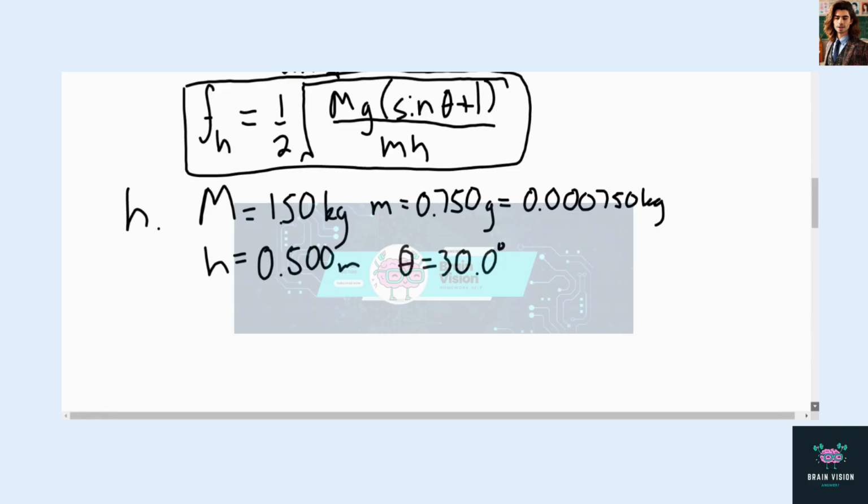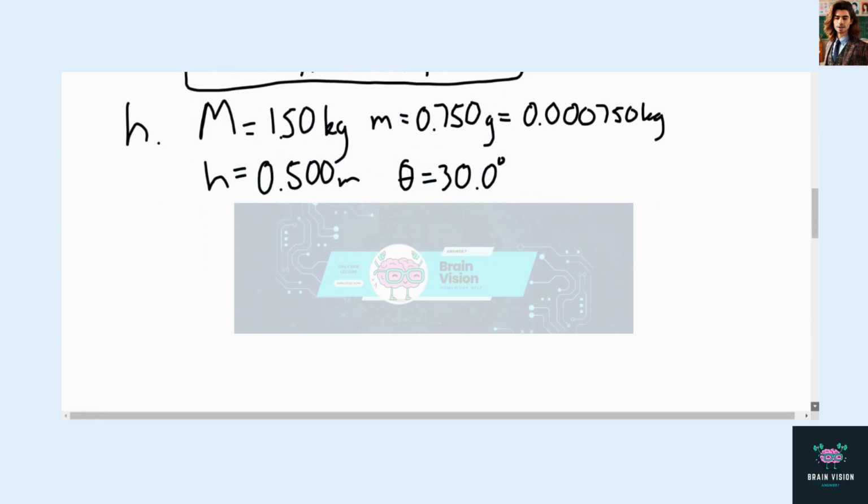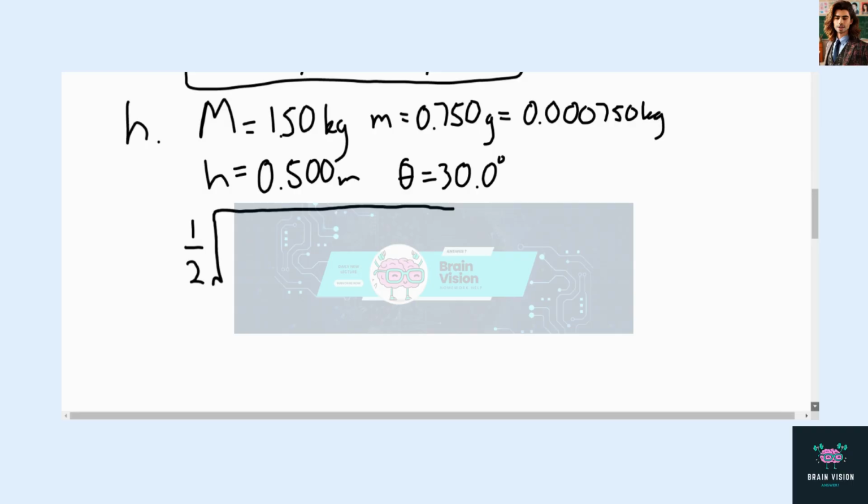into our formula for part G and plug it into our calculators and evaluate it. So we just take our formula for part G, 1/2, and plug in all the variables. So we have our square root. And then big M is 1.5 kilograms times g, which is 9.80 meters per second squared times sine of 30.0 degrees, plus 1.